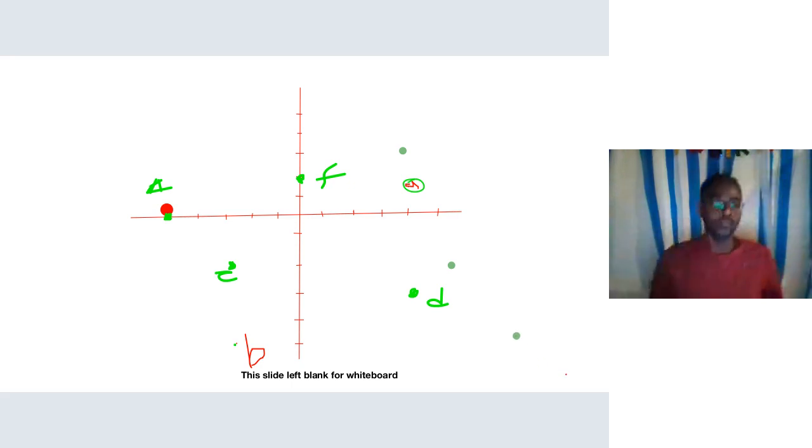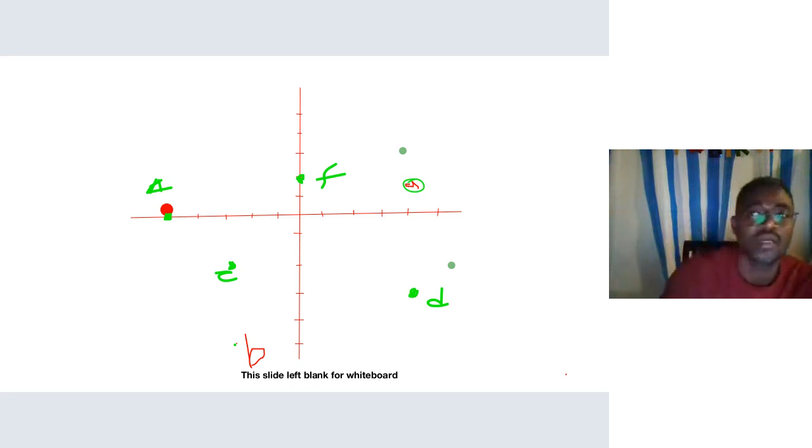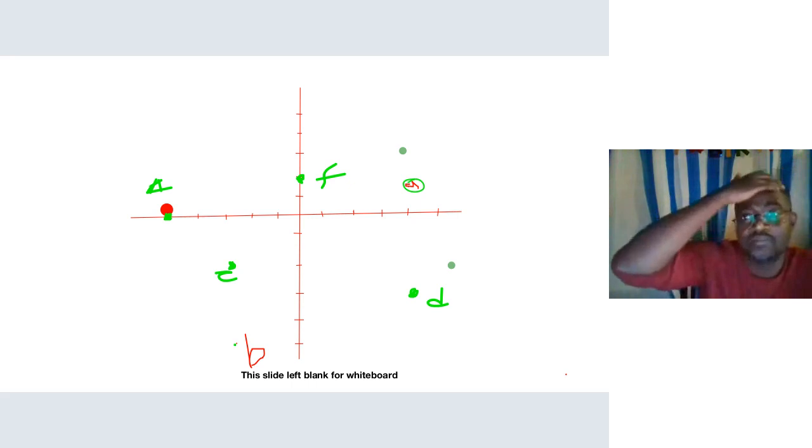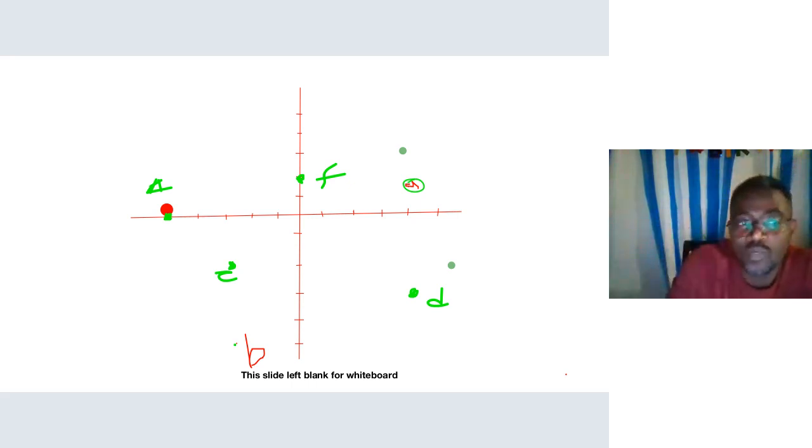Okay. Now, if you see number 1, x is negative 4. That means it is either in the second quadrant or in the third quadrant. And y is positive. That means this is in the second quadrant. Quadrant number 2. So -4, 3. The next one says 5, -2.